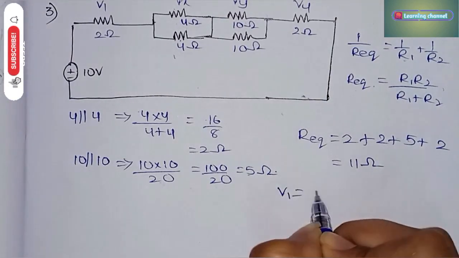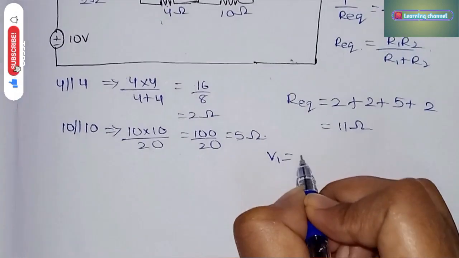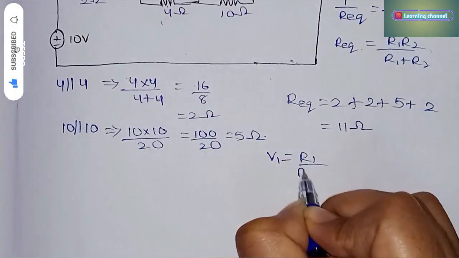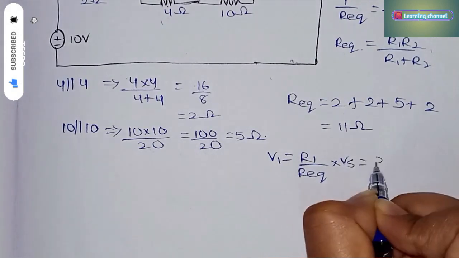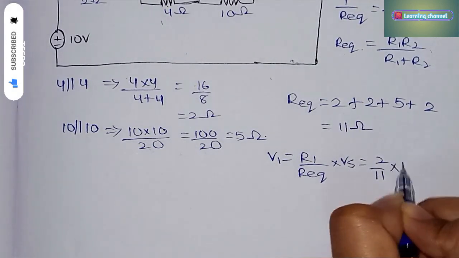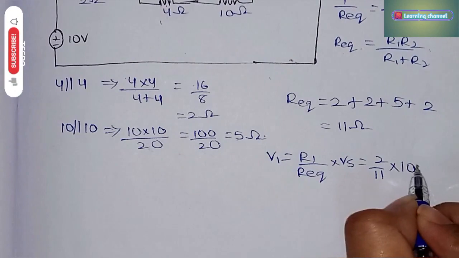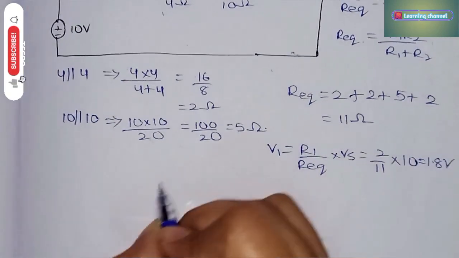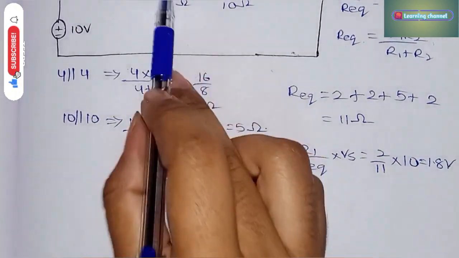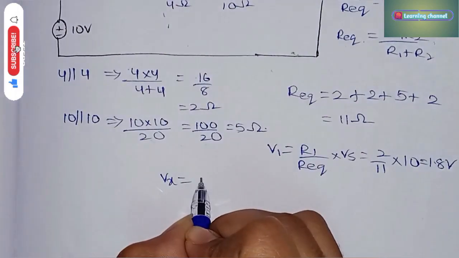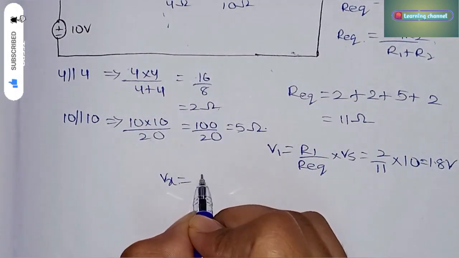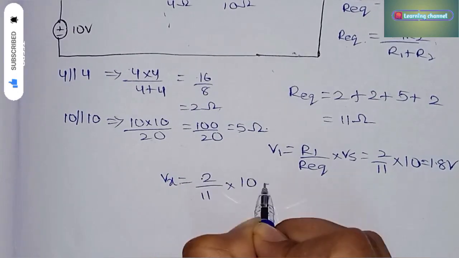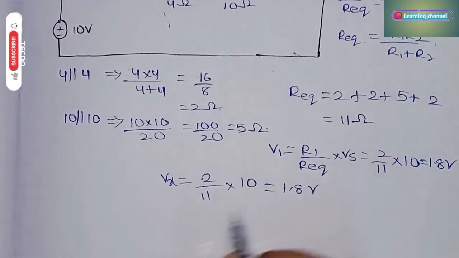And V1 is the same as in the previous problems: R1 by R equivalent into Vs, that is 2 by 11 into the voltage source 10, that is equal to 1.8 volts.